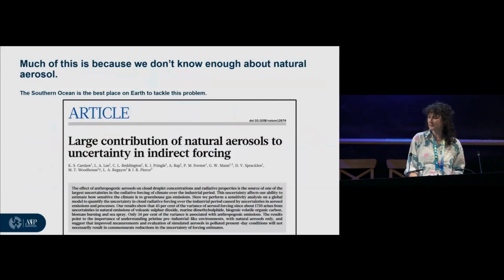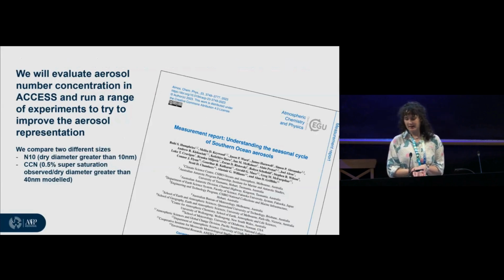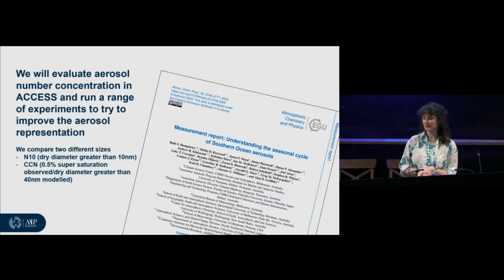A lot of this is because we don't know enough about natural aerosol, and the Southern Ocean, being one of the cleanest places on Earth, away from anthropogenic sources of pollution, is the best place to try and study this.